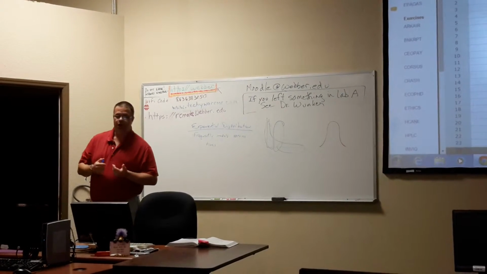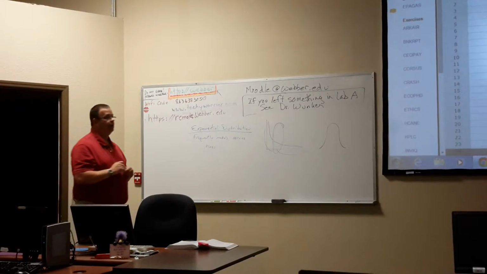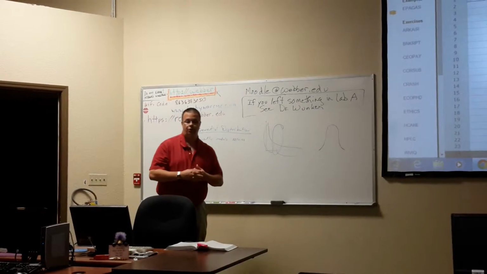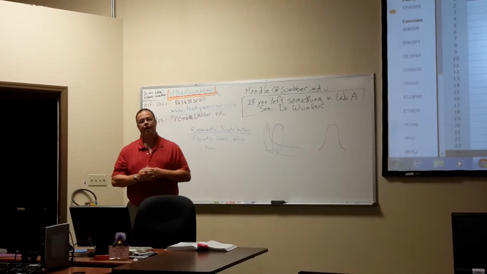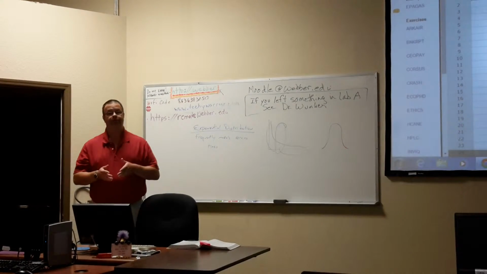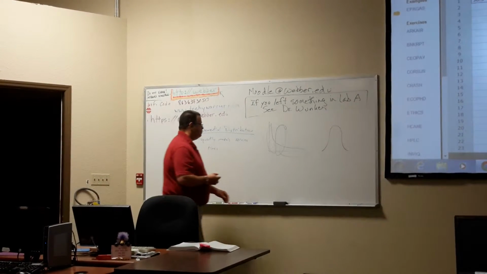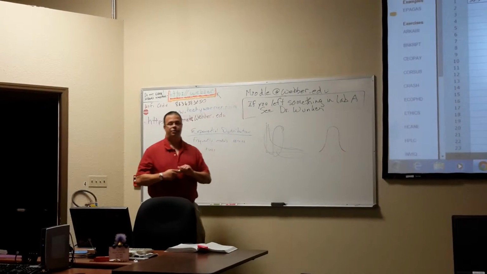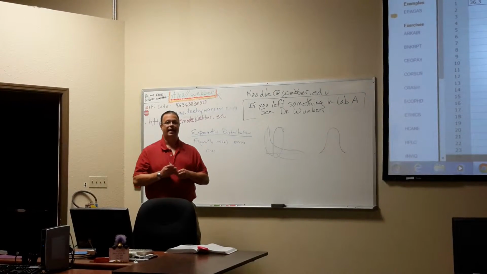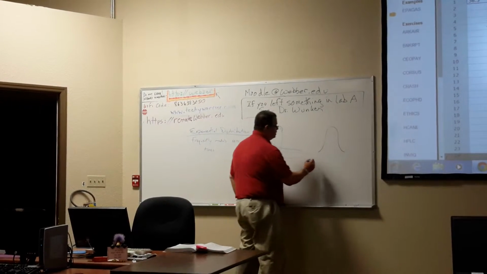Okay? So, we have an exponential distribution calculator in StatCrunch, and it works similarly to the normal distribution calculator, except we don't have to worry about a standard deviation. The only thing that we have to worry about is the mean. What is the average time that it takes to be served by this process?